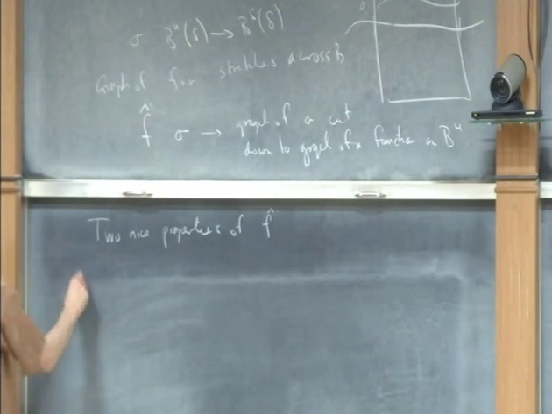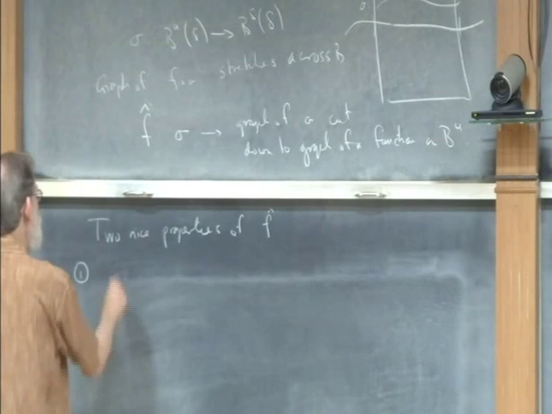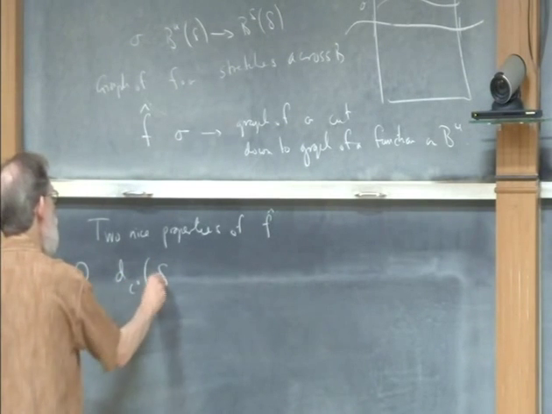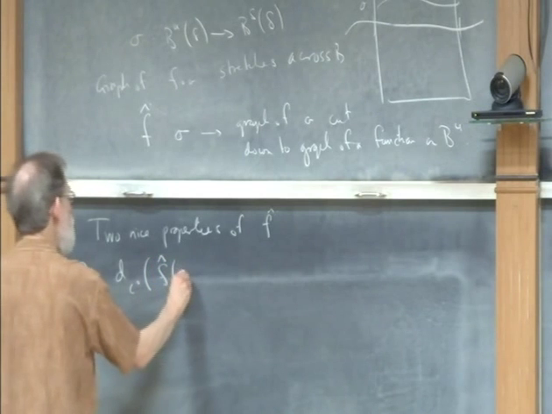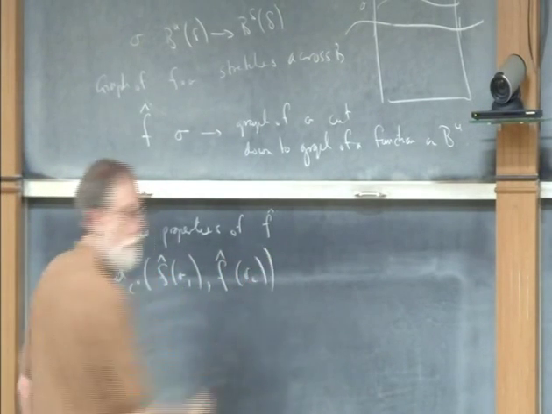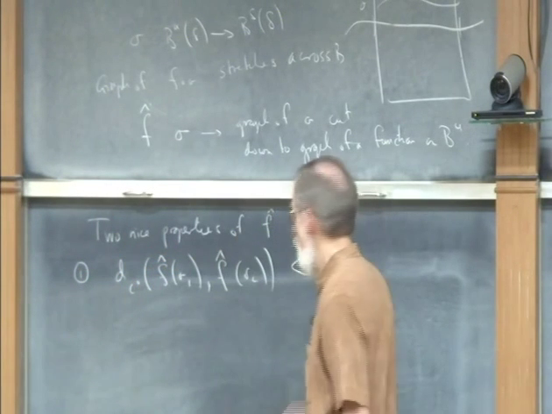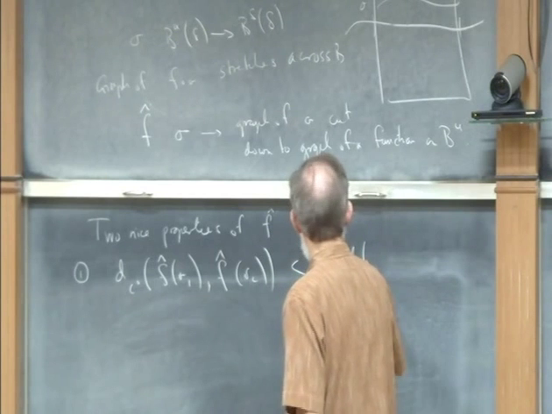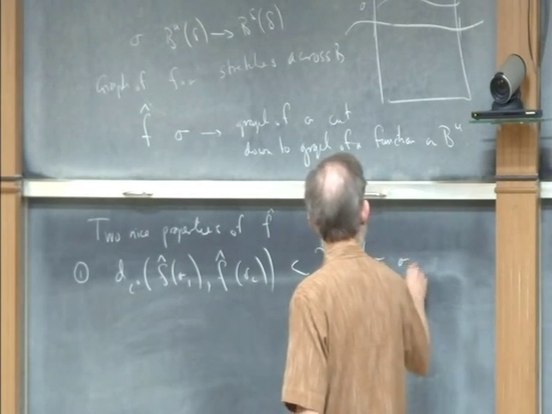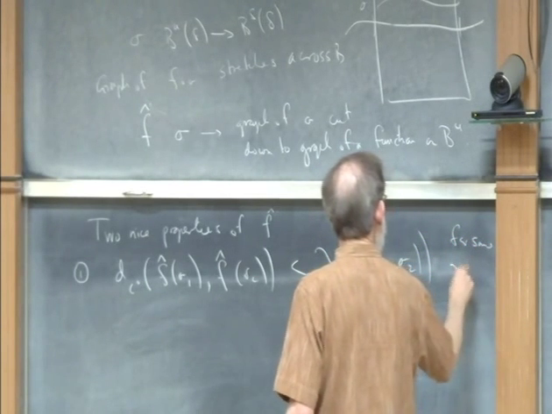The first nice thing you can say is that the C0 distance from F hat sigma 1 to F hat sigma 2 is strictly less than some constant lambda, less than 1, times the C0 distance from sigma 1 to sigma 2.